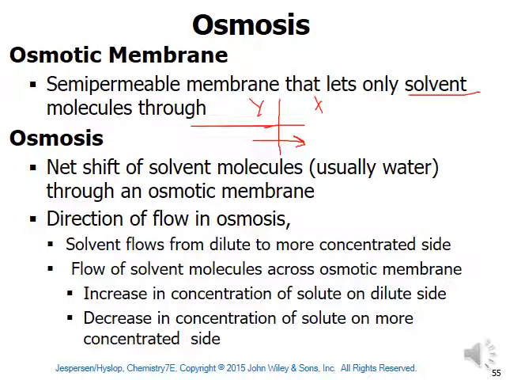It won't let any other particles. So we might have a bunch of sodium over here and a lot of potassium over here. The only thing that's going to move is the water. And that's going to be important.